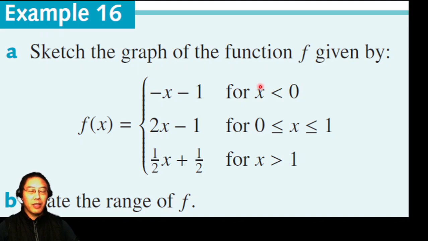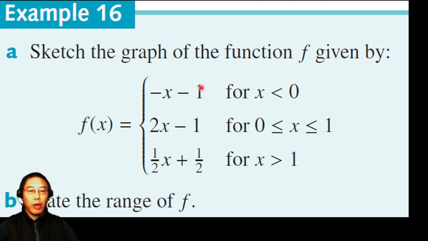So the first subset is x is less than 0, so 0 is excluded. The next one is between 0 and 1, and 0 and 1 are inclusive. And for the last set, it's anything greater than 1 with 1 excluded.